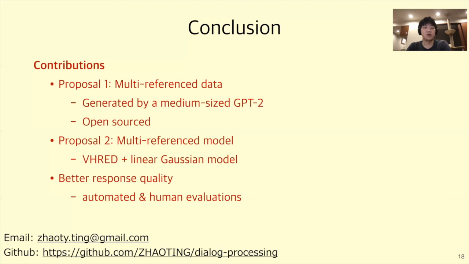Our second proposal is to build models that are better at learning one-to-many relations. Here we propose to use VHRED, but with linear Gaussian model prior. In both automated and human evaluation experiments, the results show that both of these proposals can help us build dialogue systems that generate better responses.